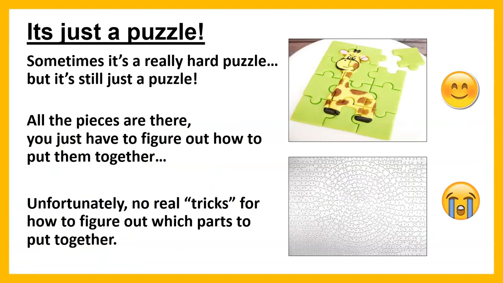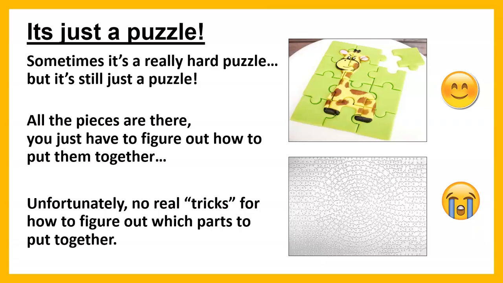Now here's the thing about puzzles. Sometimes a puzzle's very easy, like this top picture here. Sometimes the puzzles are not so easy, like this terrible one on the bottom. I feel like doing this white puzzle down here with all these crazy shapes would be pretty tough.